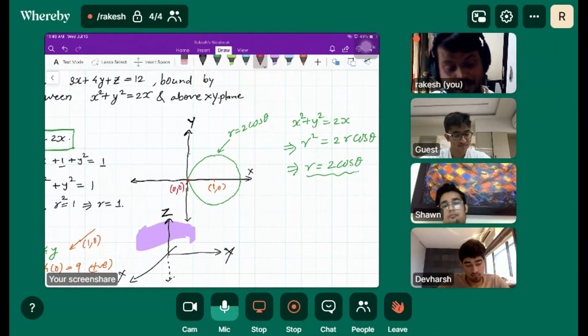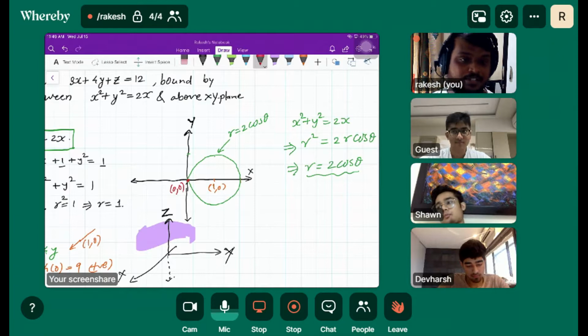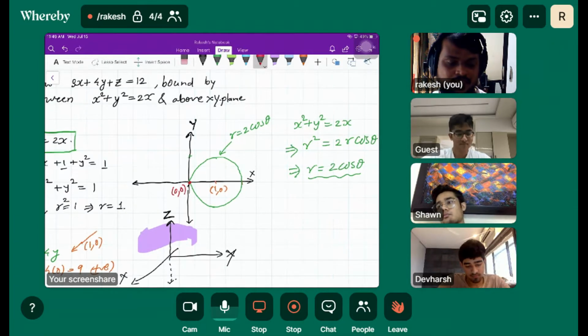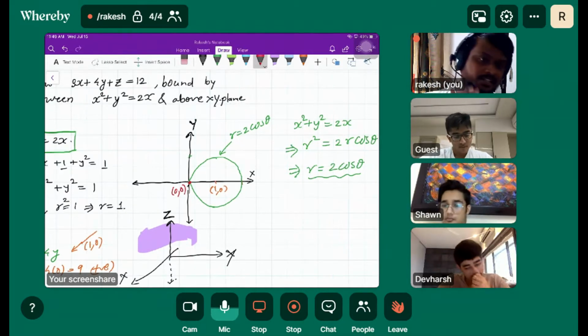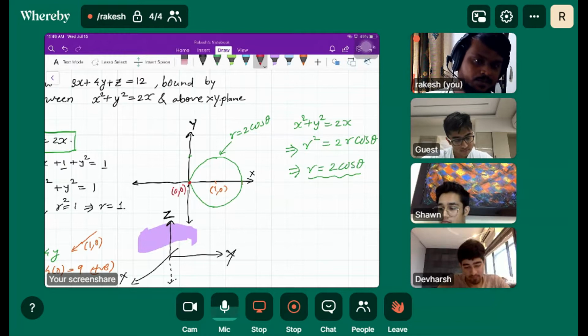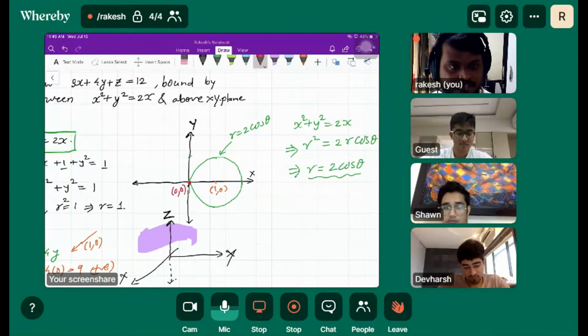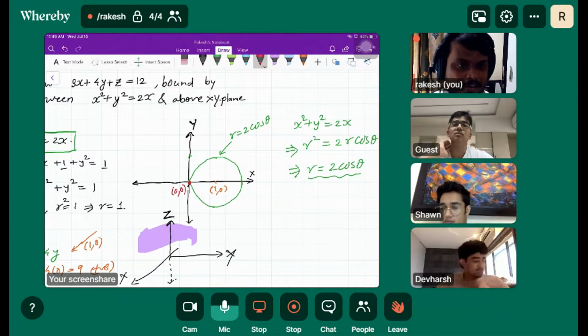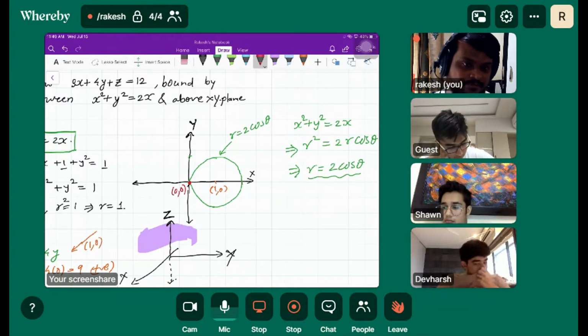So how to find out the limit? We'll start from the origin and I'll enter the region, right? I can go in any direction, but I should go along the direction which lets me enter the region.